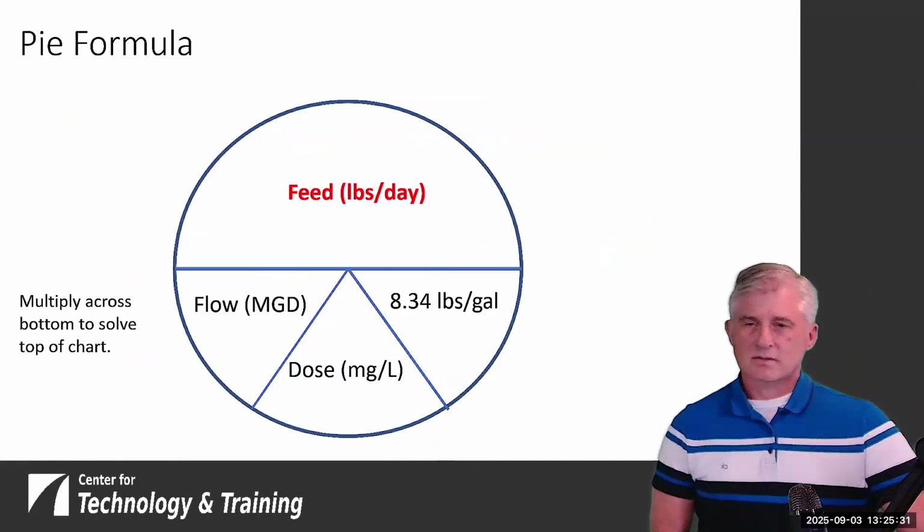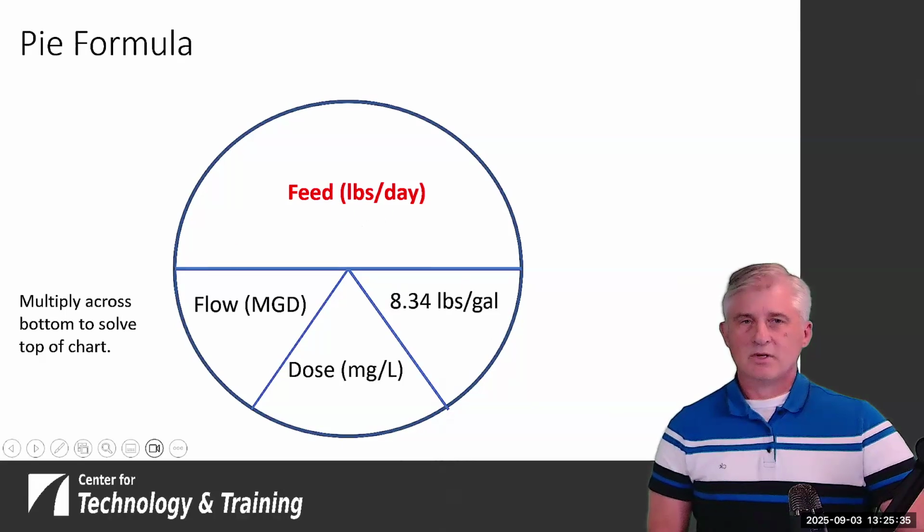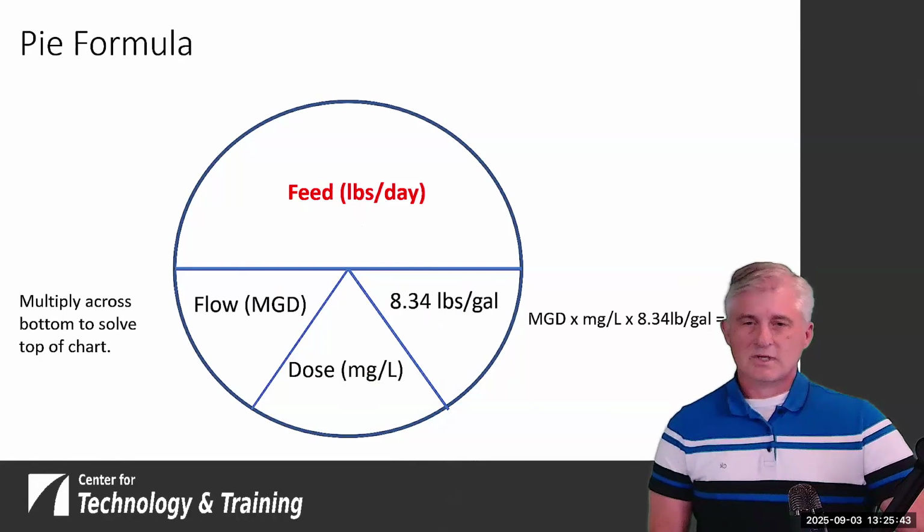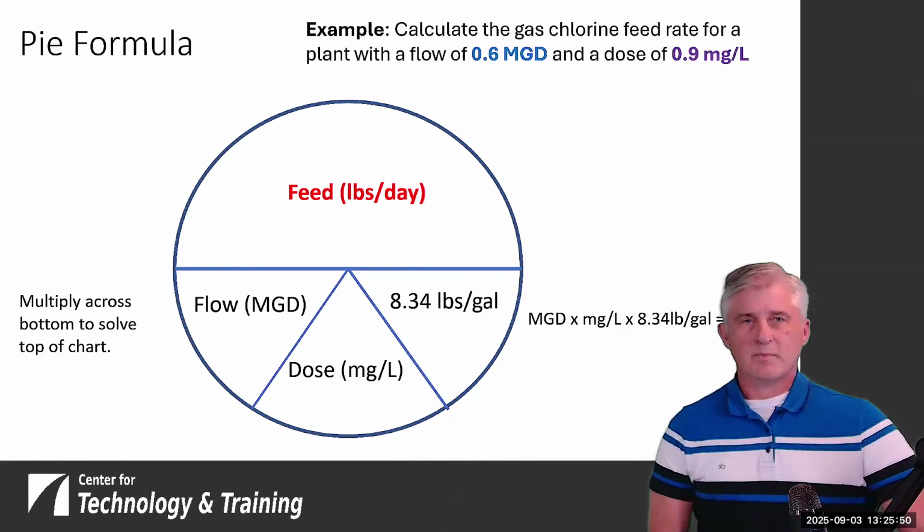To solve this, the information on the top is going to be equal to the multiplication of the 3 on the bottom. So 1 million gallons a day times the dose times the weight equals pounds per day. It's pretty much the same. Some people, this is an easier way for them to understand.